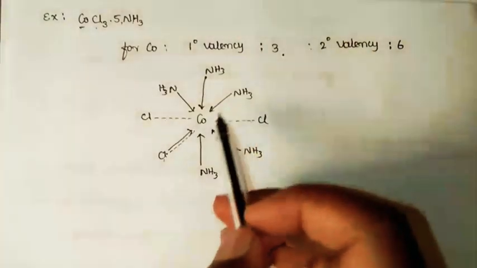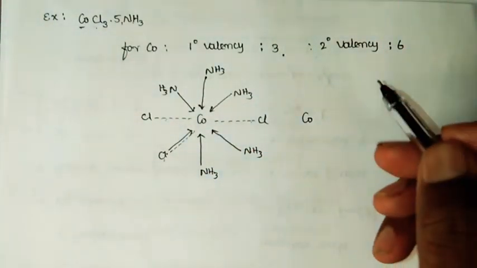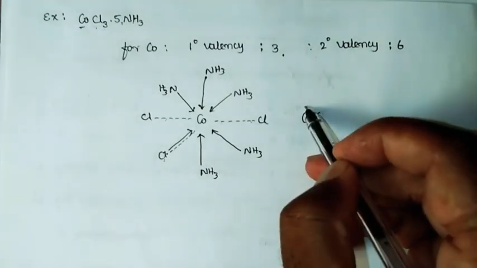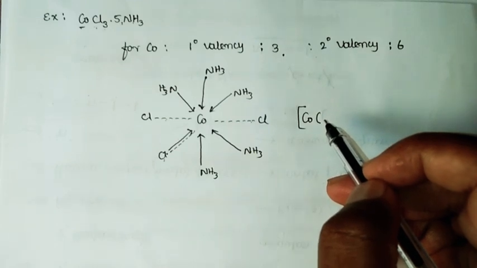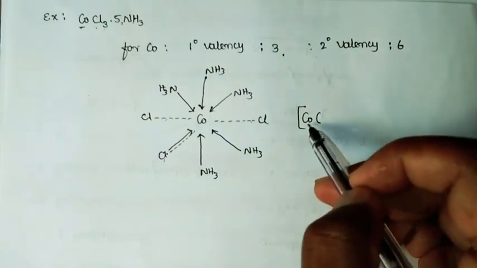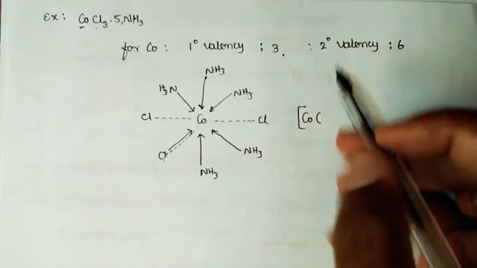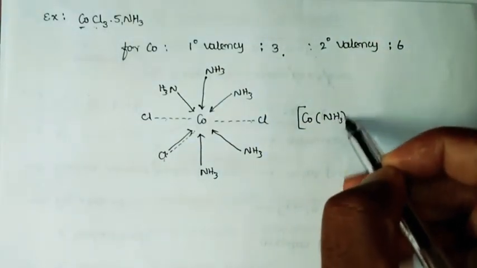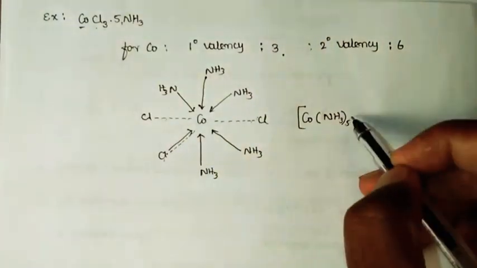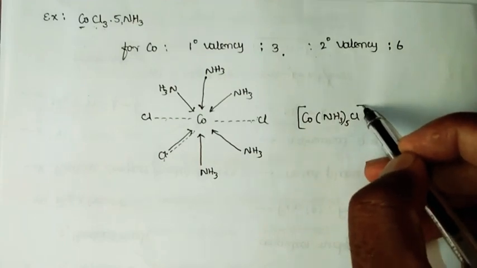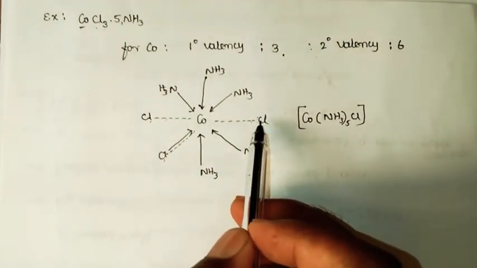So now we shall frame the formula for this particular compound. The central metal ion is cobalt, and we shall write only the ligands within the square bracket, in the form of the coordination sphere. The central metal ion is cobalt and the ligands are 1, 2, 3, 4, 5 NH3 molecules, and among these, this one is also acting as a ligand. So 5 plus 1, 6. Secondary valency is satisfied. And what about these 2? These 2 are simply satisfying the primary valency.